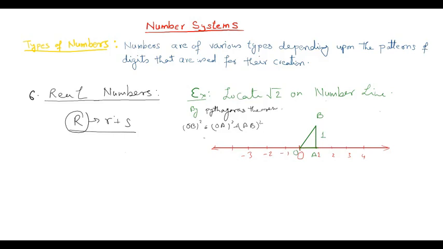OA is of unit length, AB is also unit length. So OB square is equal to 2. So we can say OB is equal to square root of 2. So now how will we represent this square root of 2 on the number line? Using a compass with center O and radius OB, draw an arc intersecting the line at point P. Then P corresponds to square root 2 on the number line.